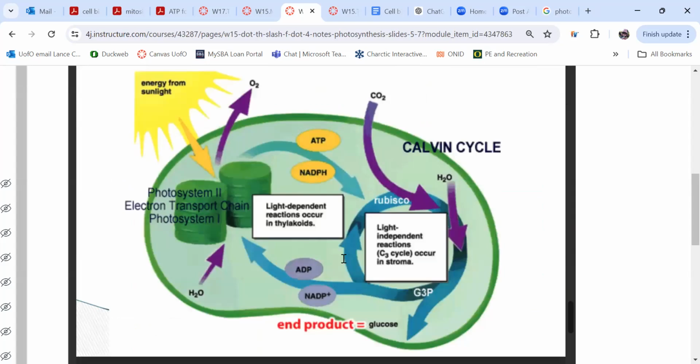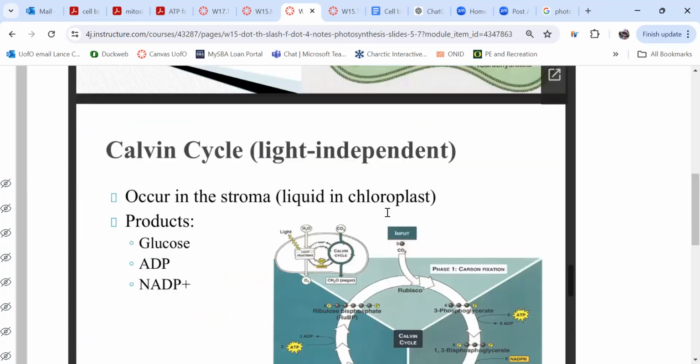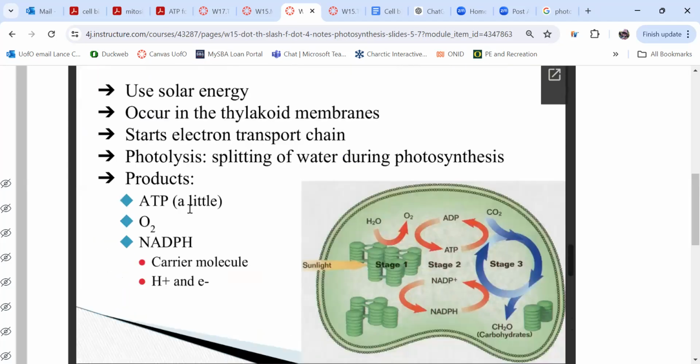Let's see if we can make sense of these graphs. So it looks like in this photosynthesis, in the light dependent reaction, it's producing the ATP and the NADPH to power the Calvin cycle. We know that those are reactions for the Calvin cycle. And it says right here that this produces ATP, O2, and NADPH.